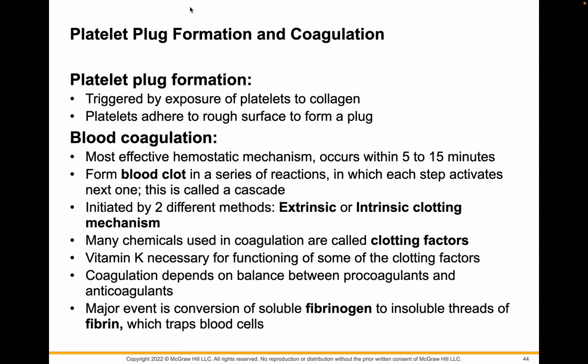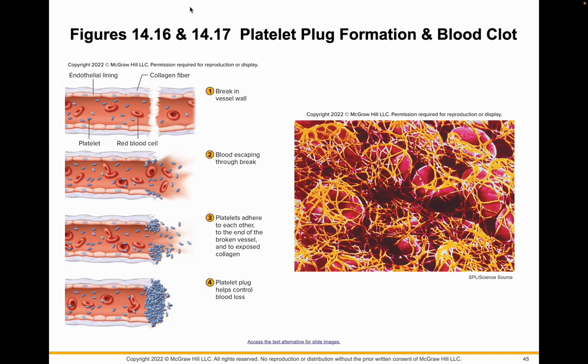And what's going to happen is fibrinogen, these little soluble fibers that you cannot see, are going to become insoluble and stick together to form threads called fibrin. And they act like big nets. That traps the blood cells, and that's what's called a blood clot. So here is a platelet plug formation and a blood clot. Very different things.